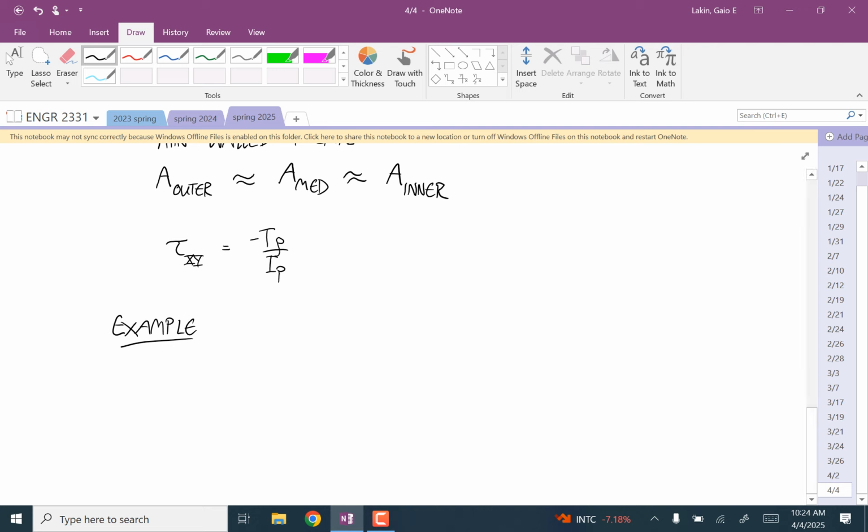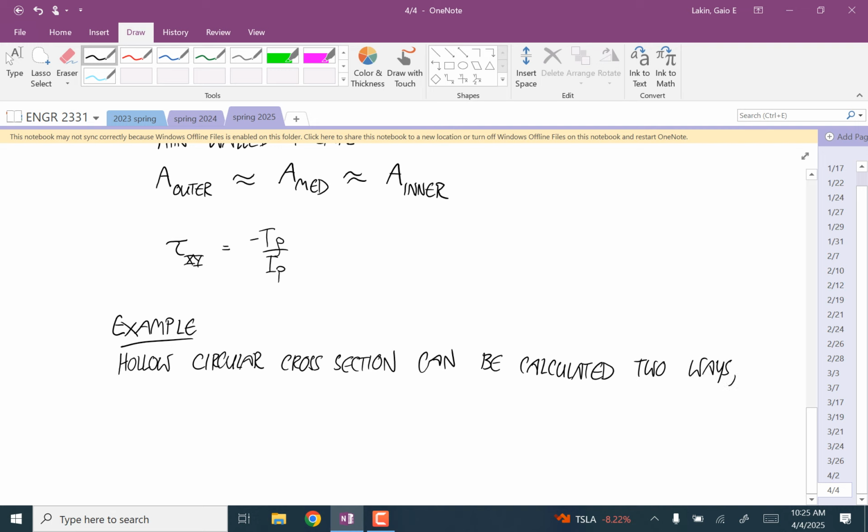So if we have a hollow circular cross section, we can do these calculations two different ways. So let's compare. And we'll just do it for one case.